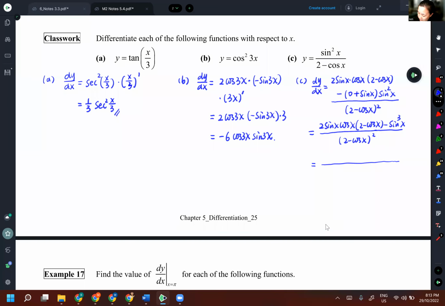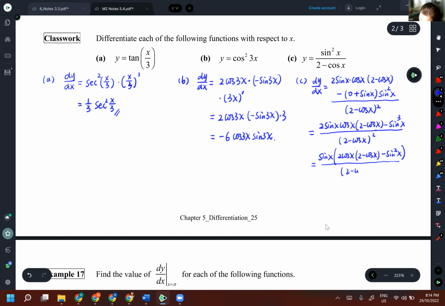Now I will take out sine x. And you're left with 2 cosine x times 2 minus cosine x minus sine x squared, and 2 minus cosine x whole squared. And then I'm left with sine x.